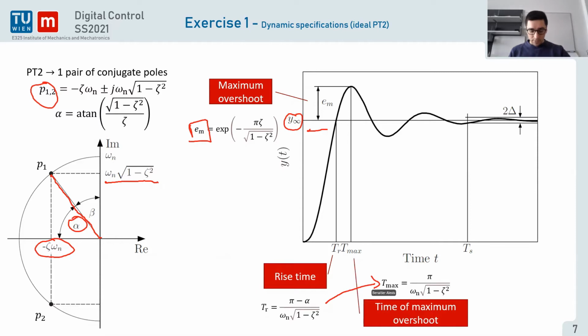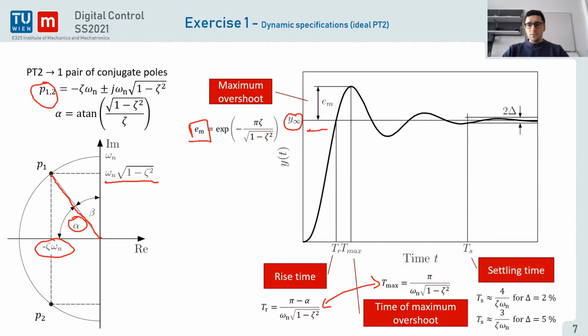If you look into a lecture note, for example, Basics of Control, it's explained. This formula is derived from the analytical representation of the PT2 element. The only difference is this minus alpha here, so it's kind of a phase shift between these two elements. So the time of maximum overshoot can also be defined as a function of omega n and the damping ratio.